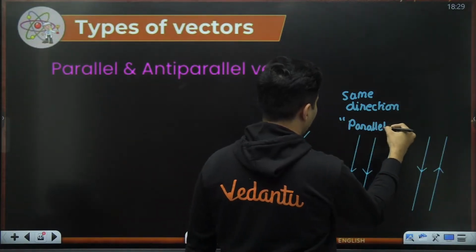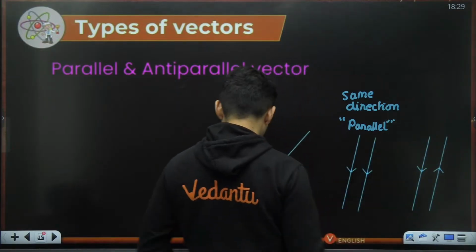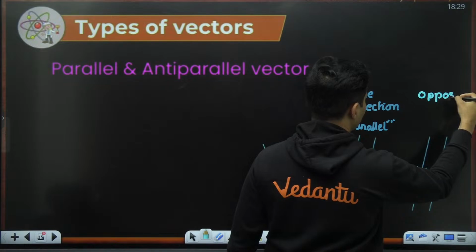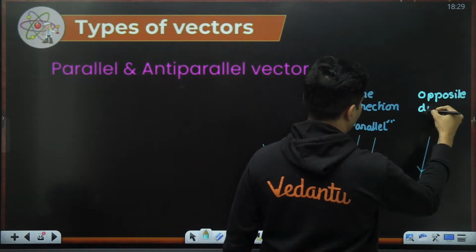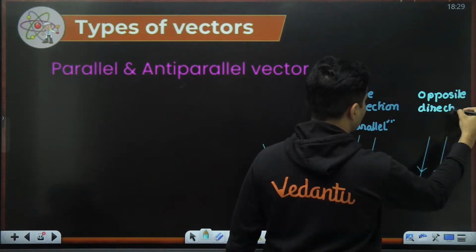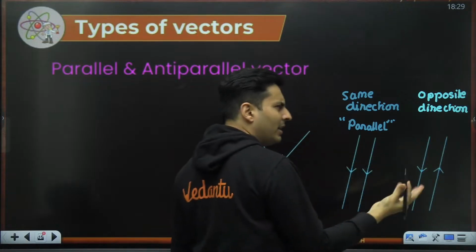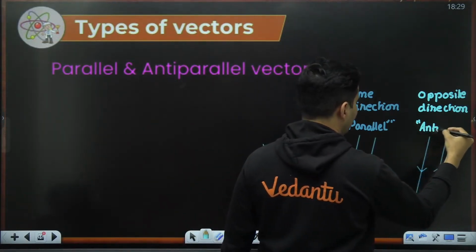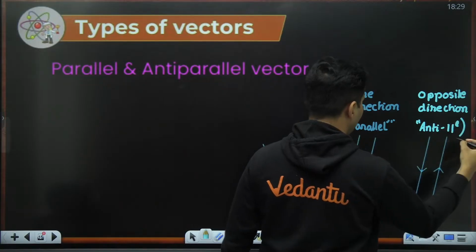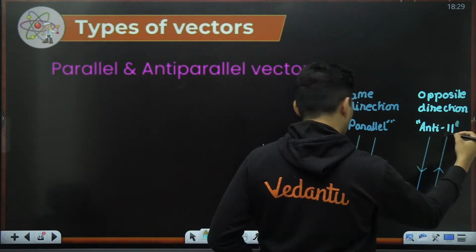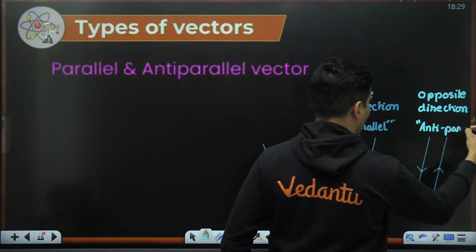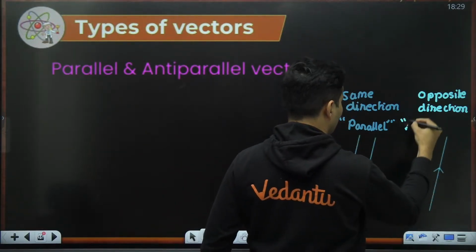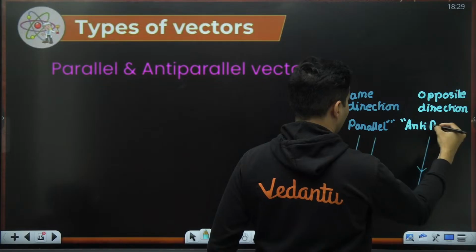But when they are exactly opposite in direction, magnitude can be different, guys, or same, doesn't matter, then they are said to be anti-parallel. I don't have so much space, let me use it over here. They are then said to be anti-parallel.